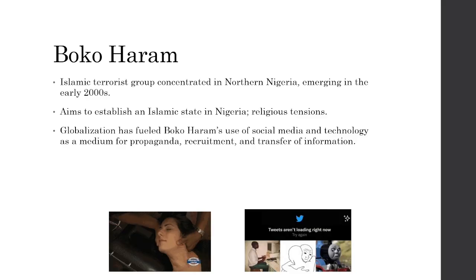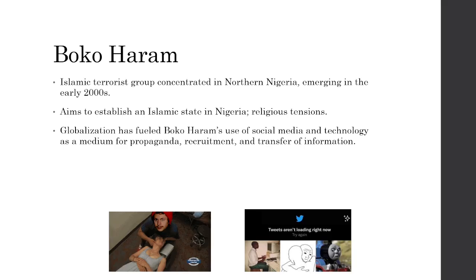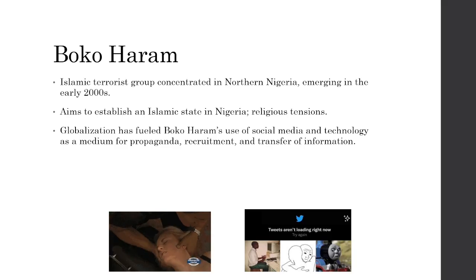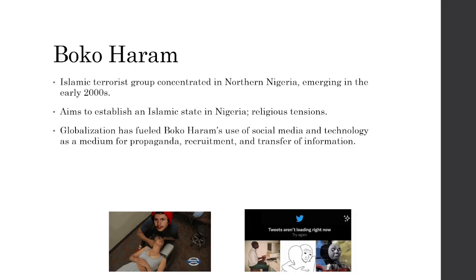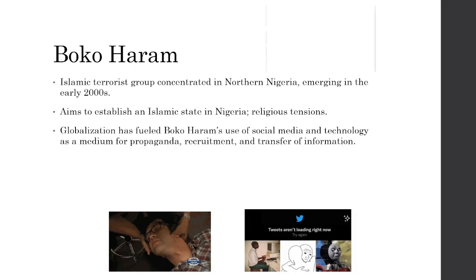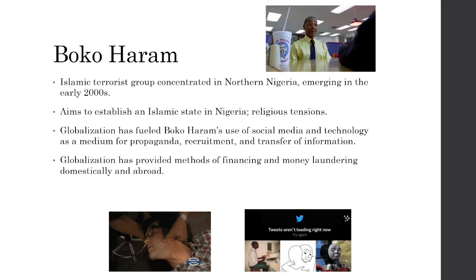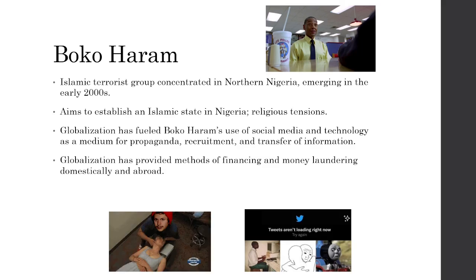And globalization has fueled their use of social media and technology and media as a form of propaganda, recruitment, and to transfer information to kind of share their perspective and overall influence other people so they agree with it. And globalization has also provided means of financing for them. People have invested in Boko Haram because they have agreed with their cause, or they think they agree with their cause.